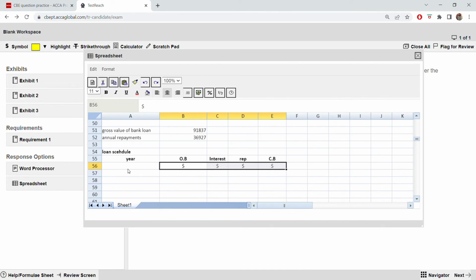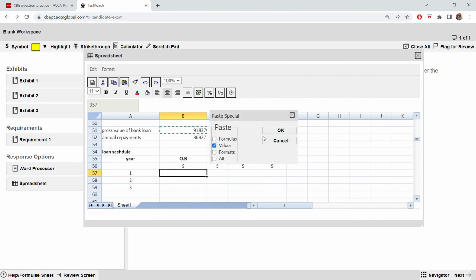Now I'm going to put how many years? 1, 2, 3. What is the opening balance? Just now you have got 91837. Copy, paste it. I've told you, paste special, just the value.